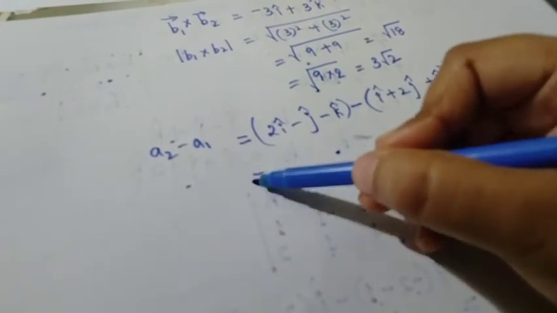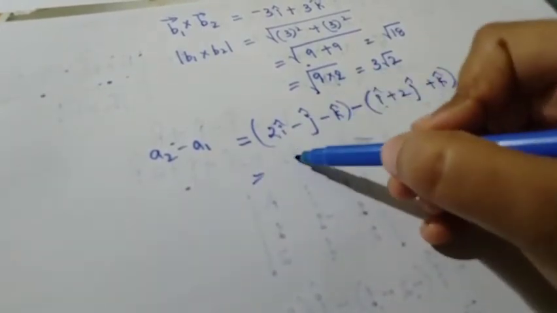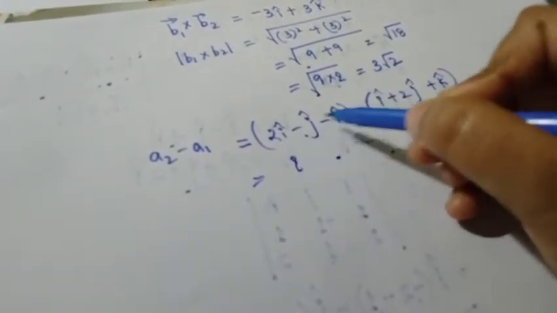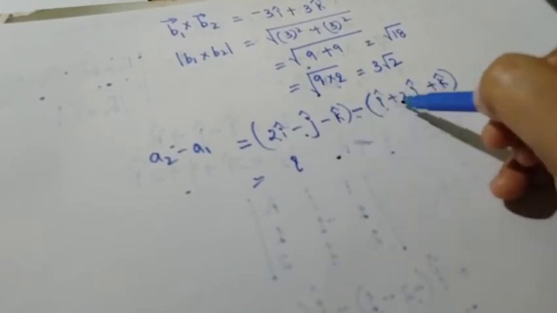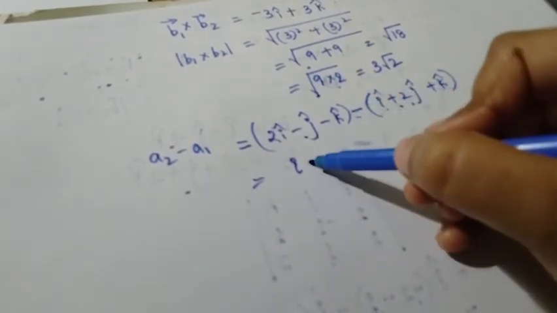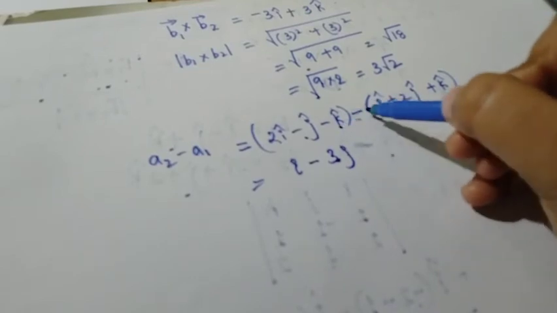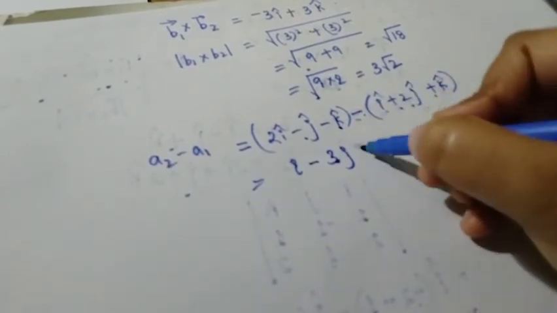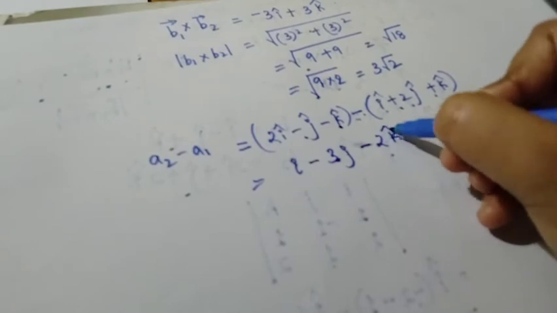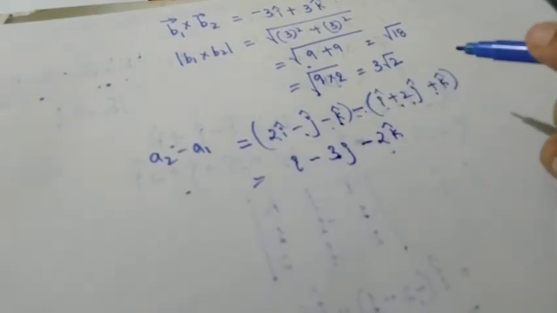So 2i minus i is i, minus j minus 2j is minus 3j, and minus k minus k is minus 2k.